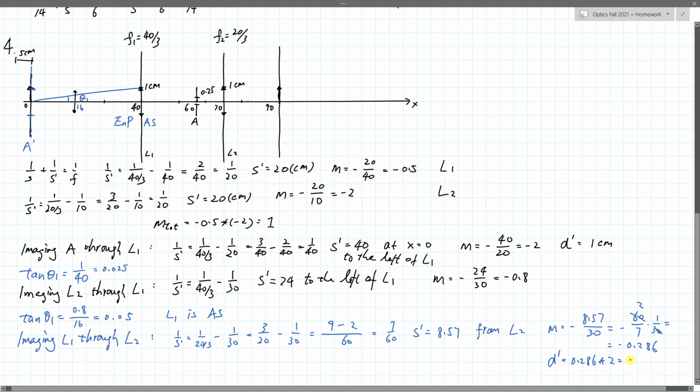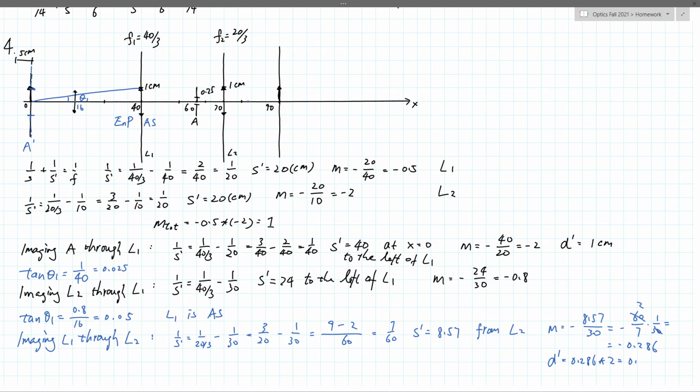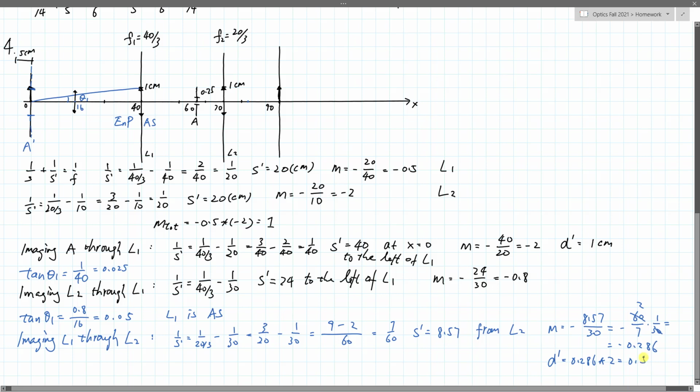So 0.571. Okay, and this radius prime is actually just the 0.286. Okay, so I had that as a 1 centimeter vertical, so that's a quarter, a little more than a quarter. That's it.